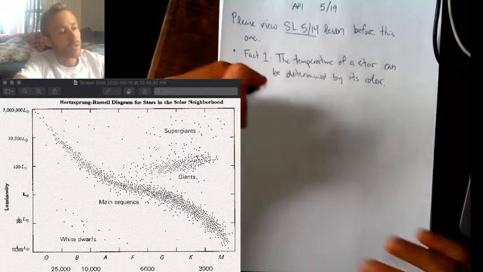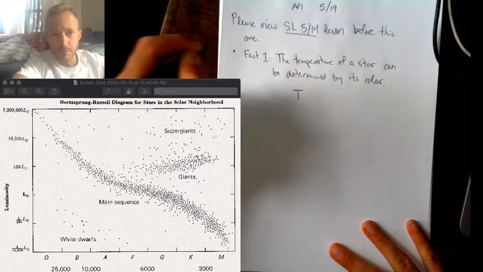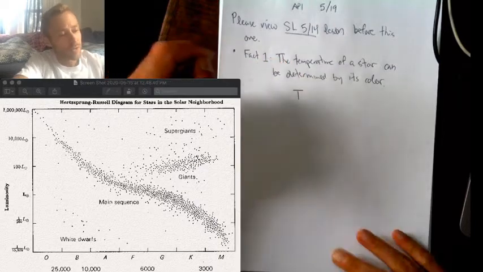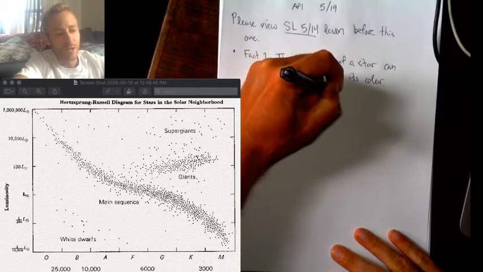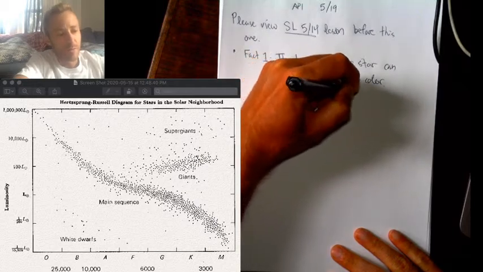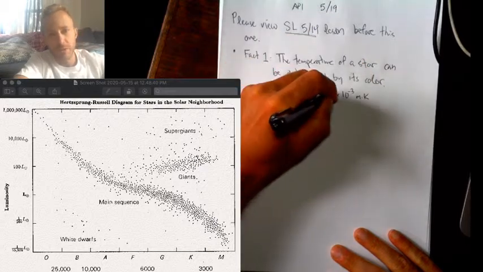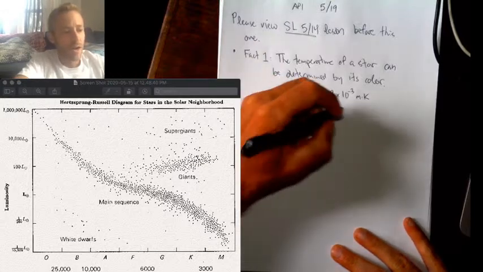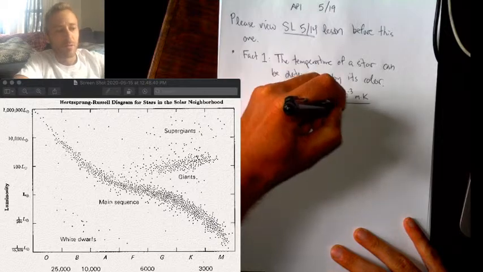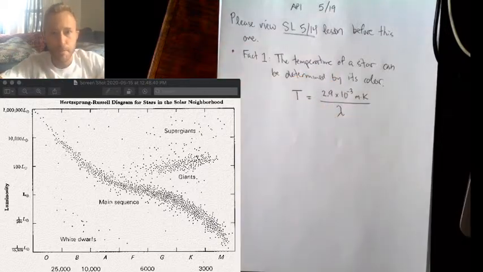And there's a formula for this. The temperature of a star is equal to a constant of nature, which is 2.9 times 10 to the minus 3 meters Kelvin, divided by lambda, where lambda is the wavelength of the light that the star is emitting.